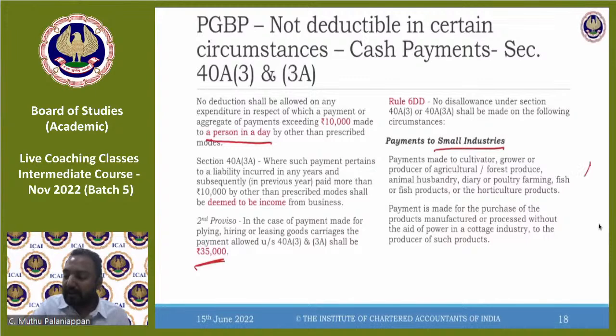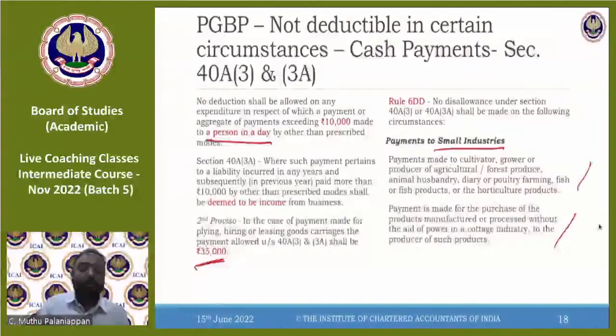When you say small industries, it relates to agriculture and to business without power, manufacturing without power, a cottage industry where manufacture is happening without power.